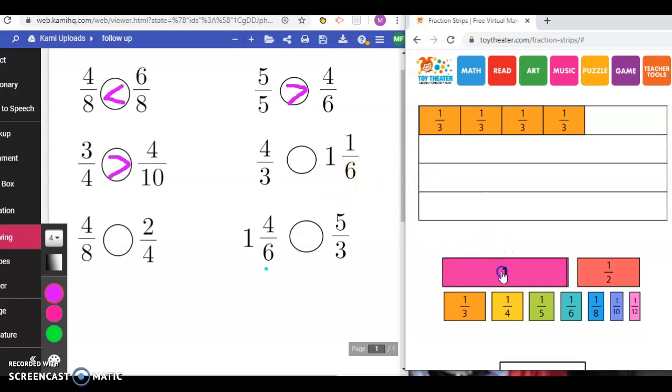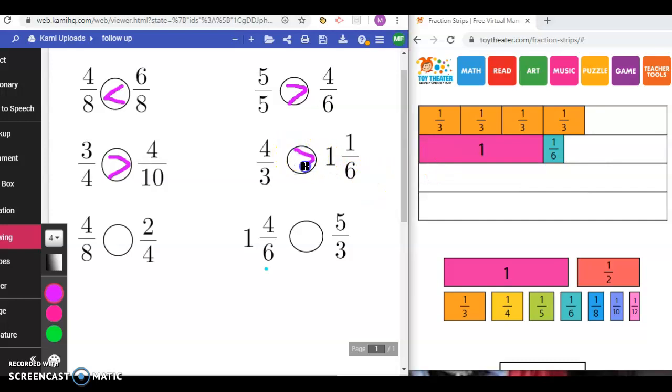And 1 whole and 1/6. So 4/3 is actually greater than 1 and 1/6. You can see that the 3/3 equal 1, and then 1/6 is much smaller than the 1/3. Let's put our greater than symbol in.